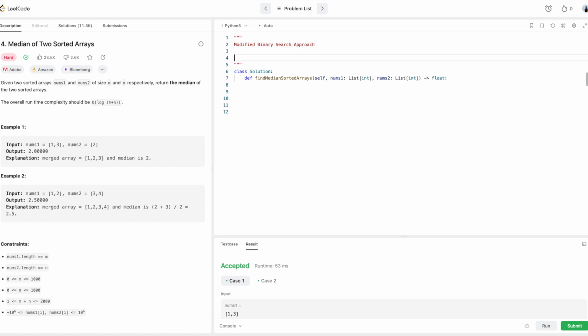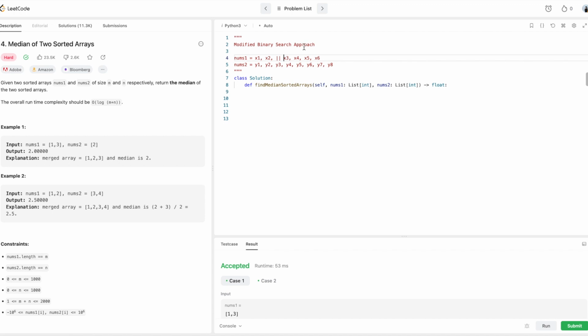So imagine nums1 equals x1, x2, x3, x4, x5, x6, and then nums2 equals y1, y2, y3, y4, y5, y6, y7, y8. So let's say we put our partition here, like in binary search.